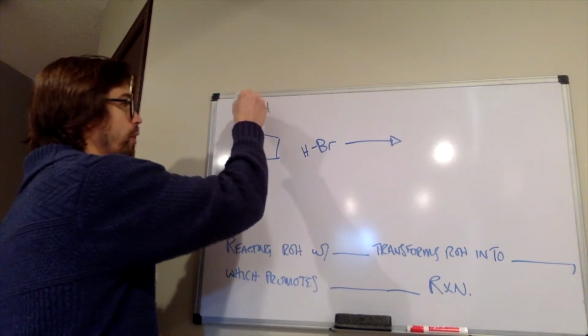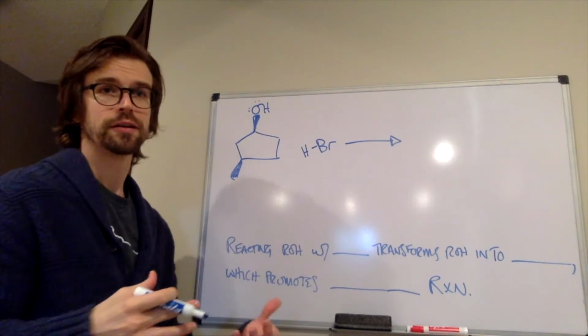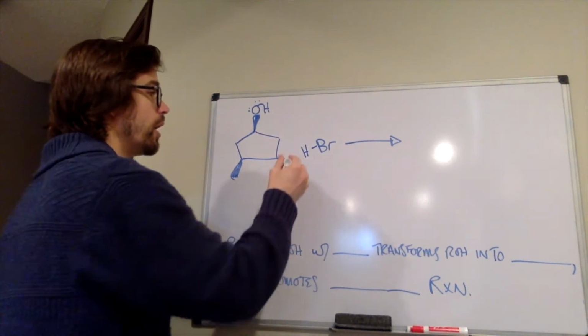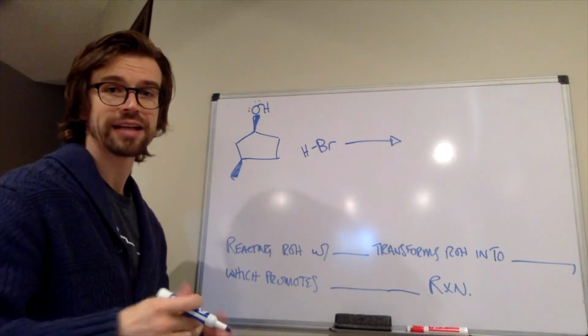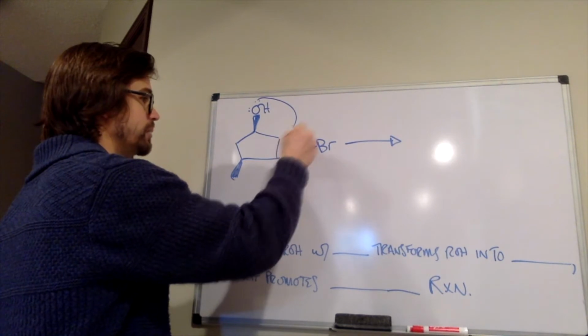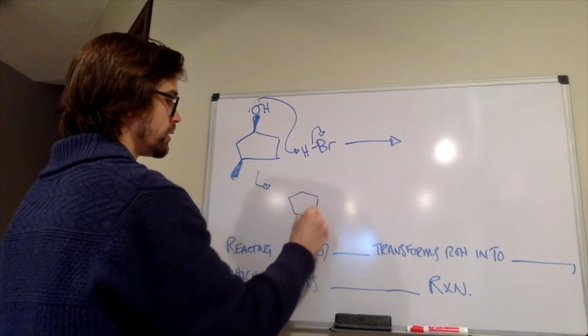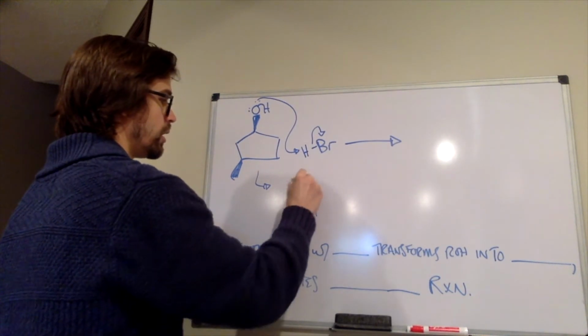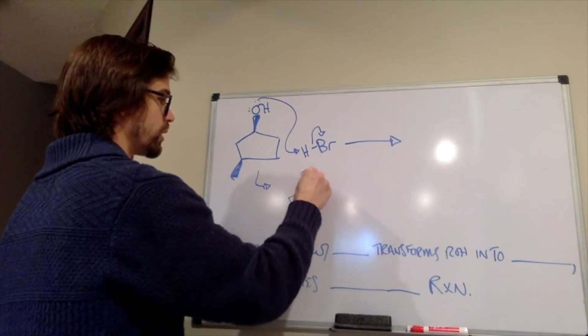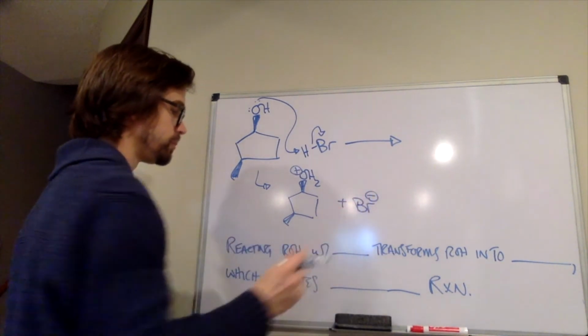The OH is a moderate base, moderate nucleophile. But if we have a super strong acid that really wants to give up that proton, this is going to lead to an acid-base reaction where we would generate OH2+, which is our good leaving group, plus Br minus.